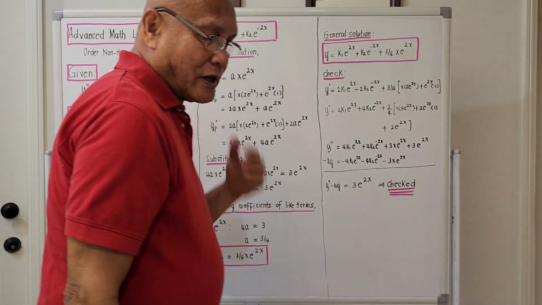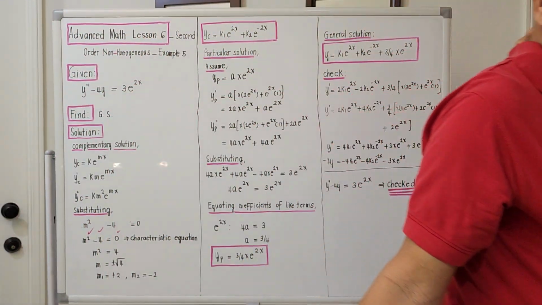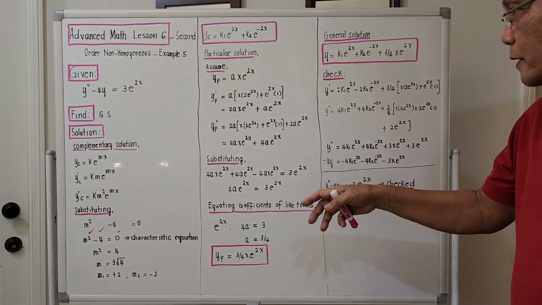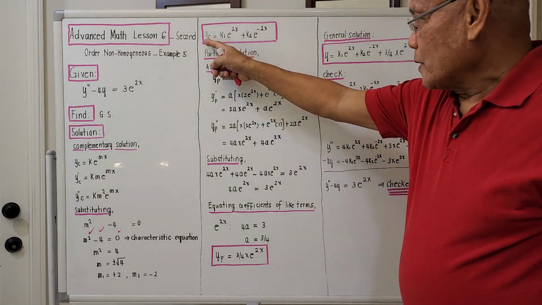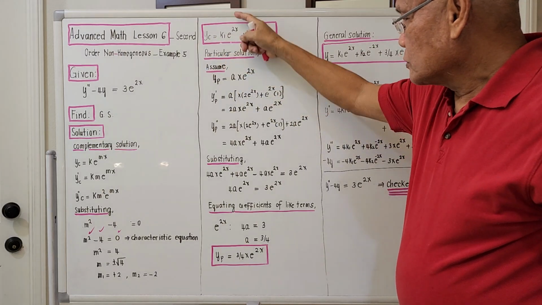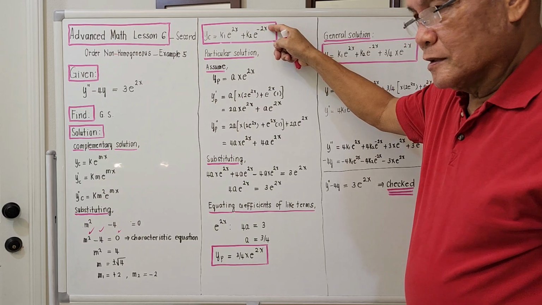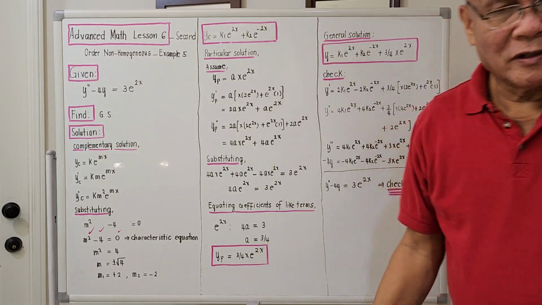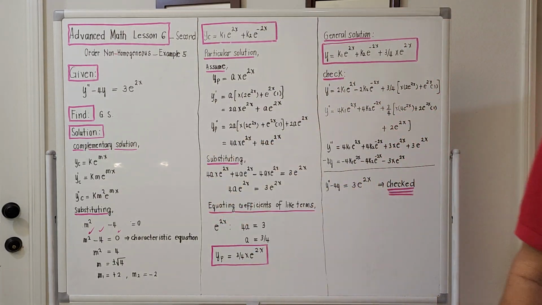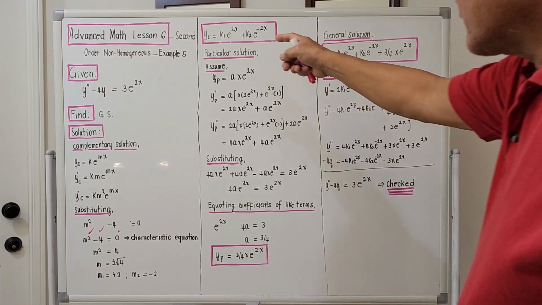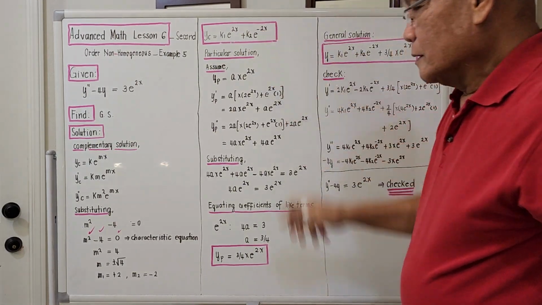So it falls under case number 1 under the solution of the second order differential equation. Y complementary will be k1 e to the 2x plus k2 e raised to minus 2x. That's the complementary solution. It falls under case number 1. They are both real and unequal.